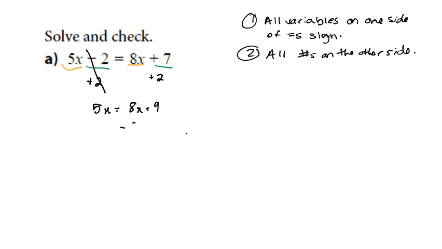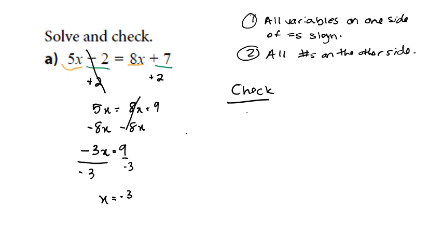So I'm going to subtract 8x from both sides. That cancels these out, and I'm left with negative 3x equals 9. Well, then I need to isolate the x, so I need to divide both sides by negative 3. And I'll get that x is equal to negative 3. Then I need to check and make sure my answer is correct.